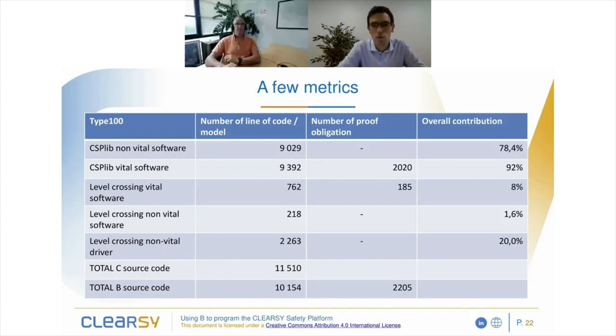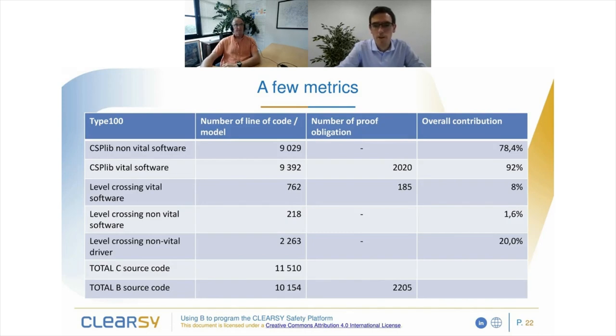A few metrics about the software. We compare here what has been developed specifically for the level crossing in comparison to what has been done for the CLEARSY Safety Platform library. In a nutshell, we can see that in terms of safety critical software, the level crossing only represents 8% of the work.